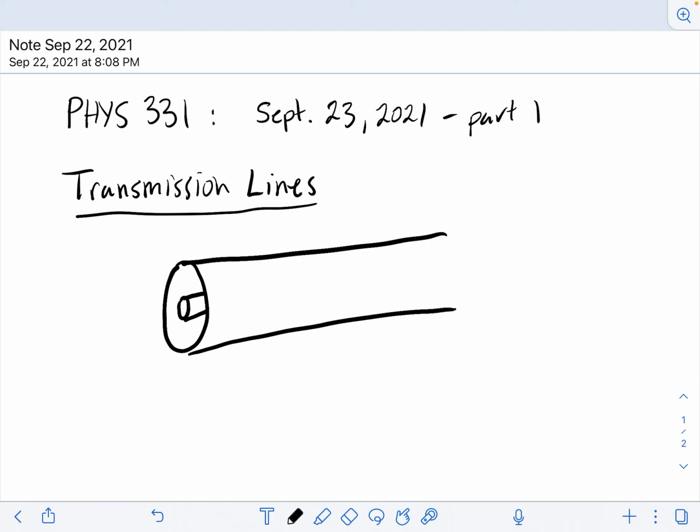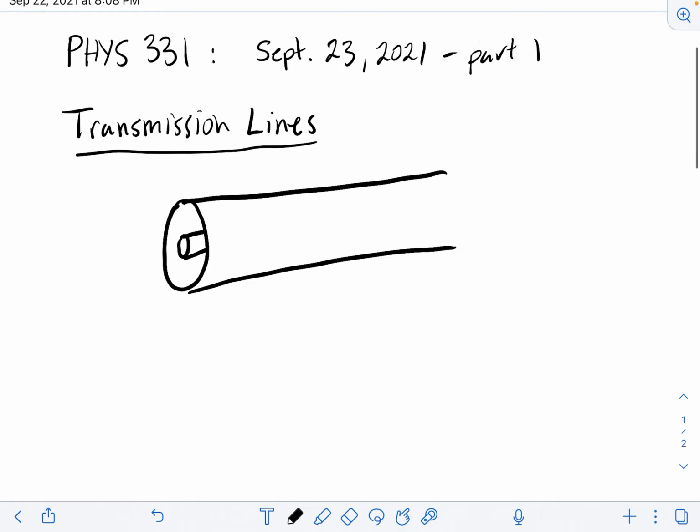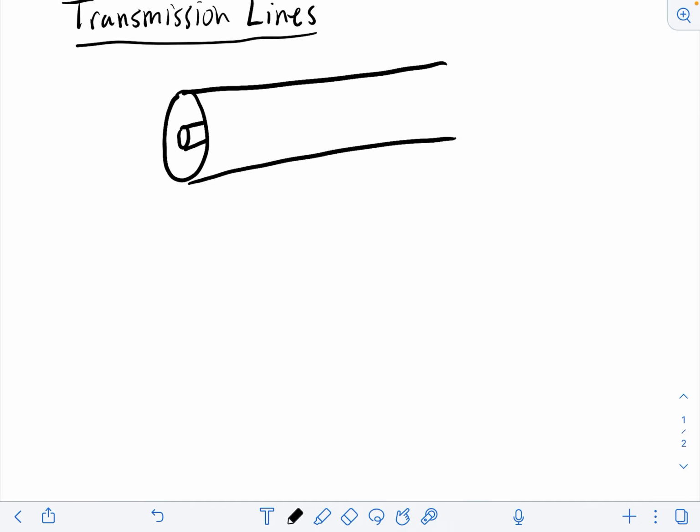Another geometry of transmission lines is if you go outside and look at the hydro poles, there are two long conductors strung up side by side. For the purposes of this discussion, maybe that's what we'll have in mind just because it's easy to draw.